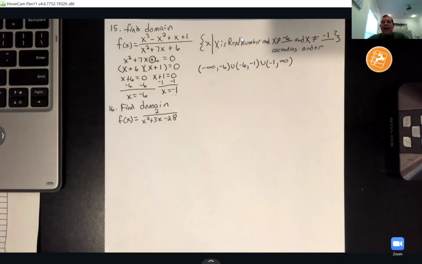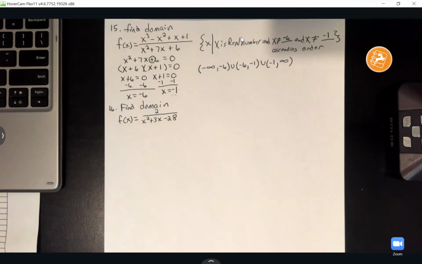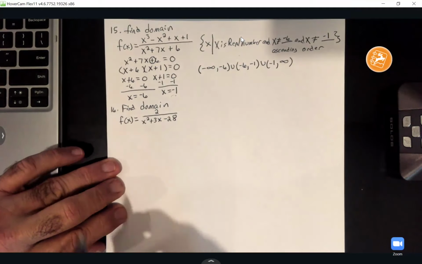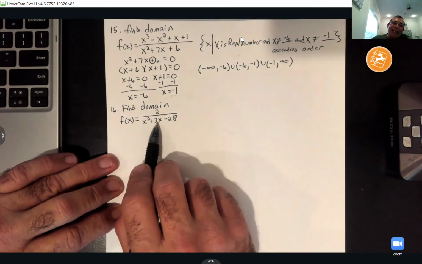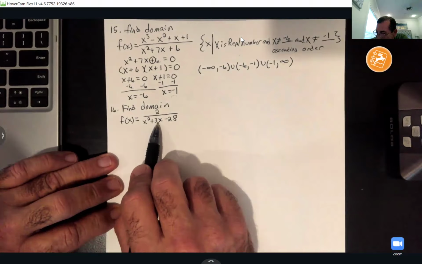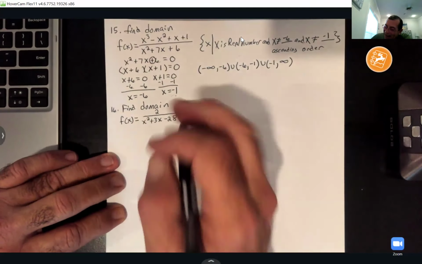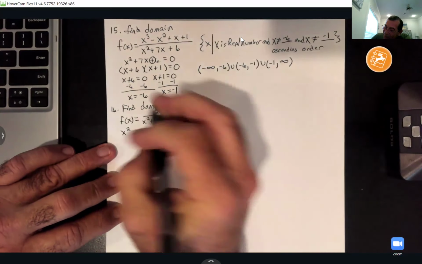Well, how are you finding the domain of this problem? So what's our first step? Are you also gonna set it to 0? I'm going to set it equal to 0. Okay, I guess that wasn't a trick question enough, huh? Same thing we did here, right? So let's do that.